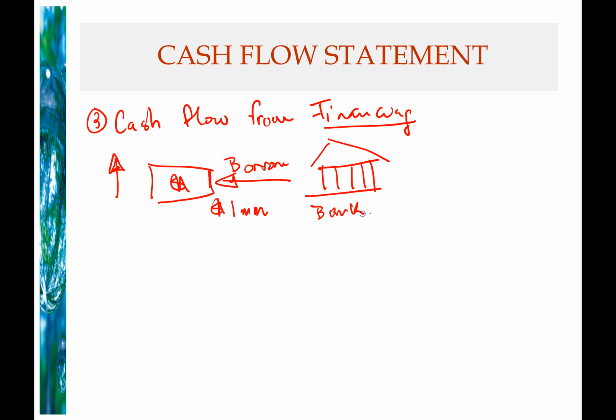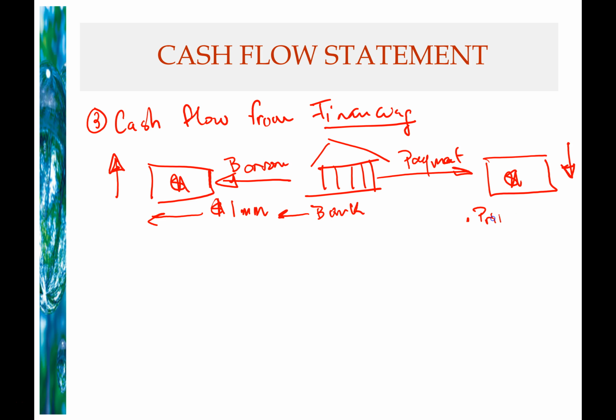This is your bank. So the inflow of $1 million will increase your cash by $1 million. And once you start making payments, we'll call this payment. Once you start making payments on this loan, your cash will go down by the same amount. So you start paying the loan, principal plus interest.